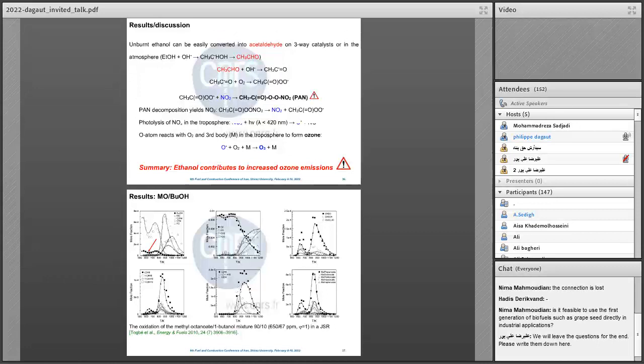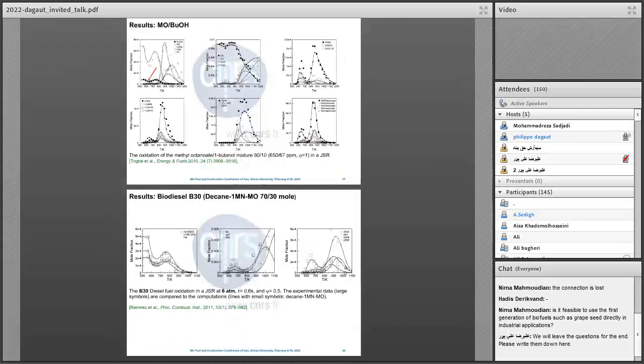And then NO2 is released. NO2 is photolyzed by sunlight, producing an oxygen atom, which reacts with molecular oxygen to produce ozone, and that explains the increased production of ozone in areas where, for example, traffic is not important.